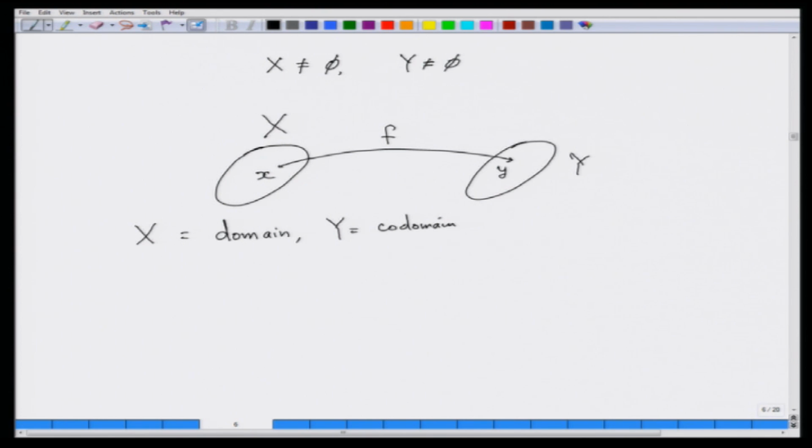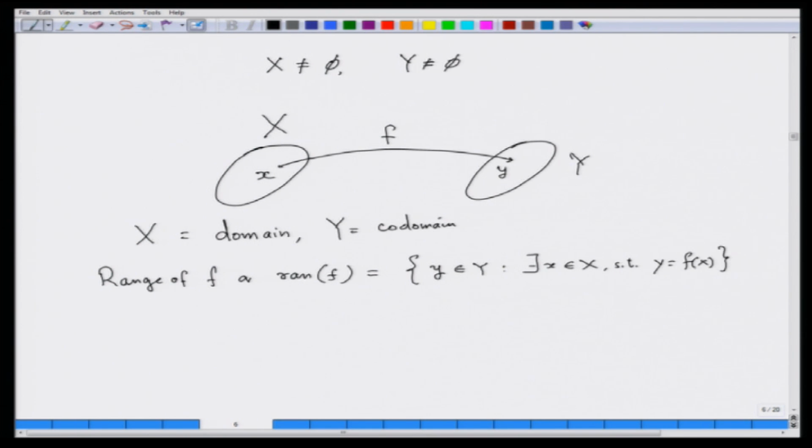There is another concept called range of the function, range of f, or in short ran f. It consists of all elements in the codomain, so it consists of all y in this set Y for which there would exist an x in X such that y is equal to f x.